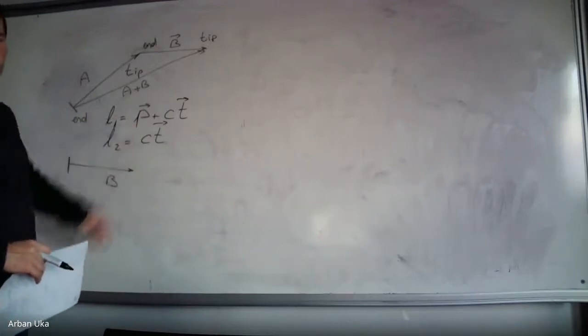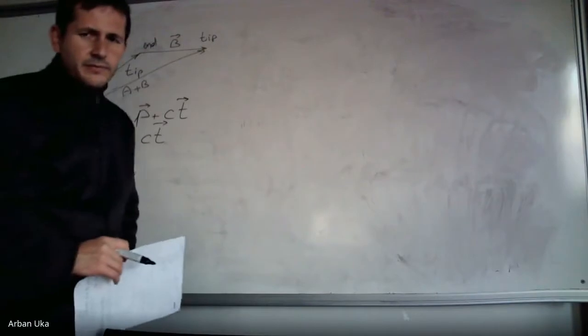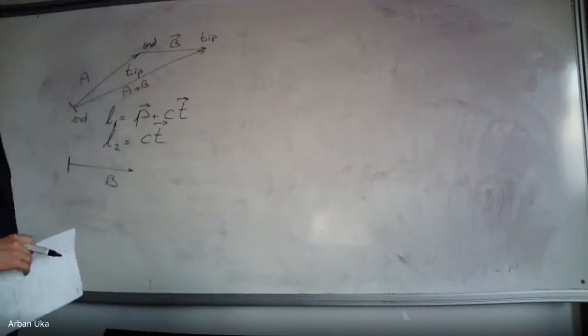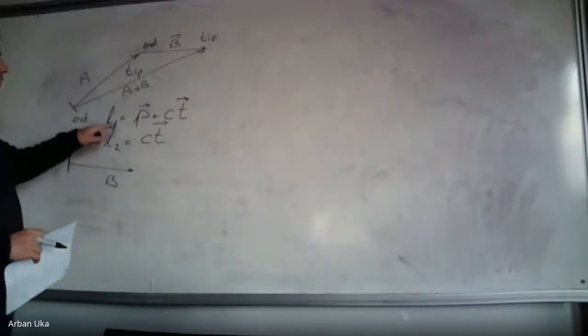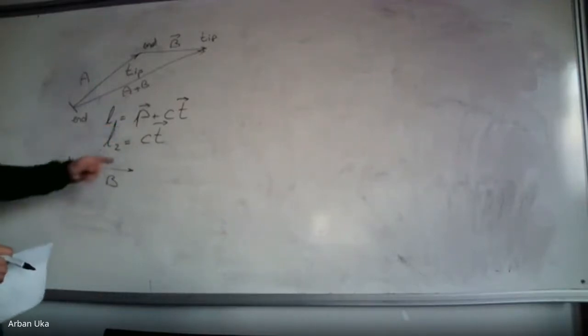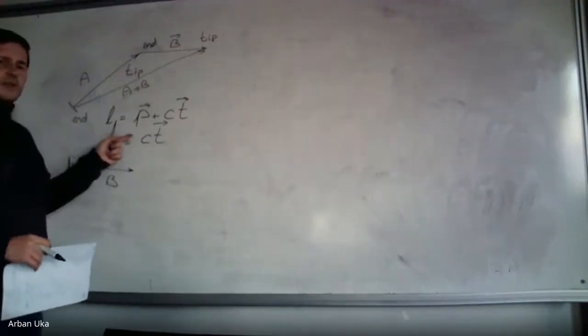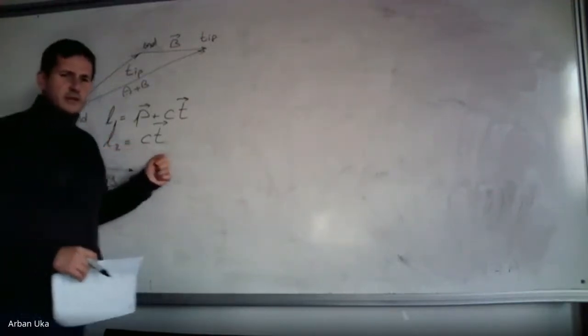Now, which one of these two lines includes the origin? The second one. So in the second one we include the origin, but the first one doesn't. In fact, what these two lines, L1 and L2, have in common is that they are parallel, okay?